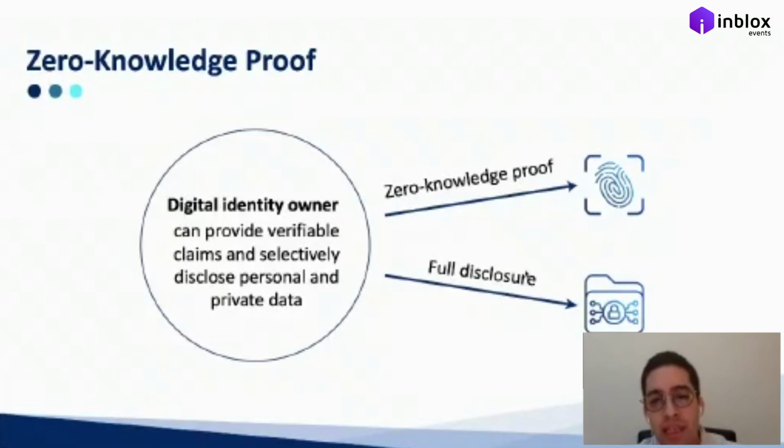Verification can also be a predicated proof. So that means the answer to a yes or no question. For example, are you a politically exposed person? There is trust because the signing of the blockchain transaction during verification is a cryptographic proof, meaning it proves that you control the associated private key.